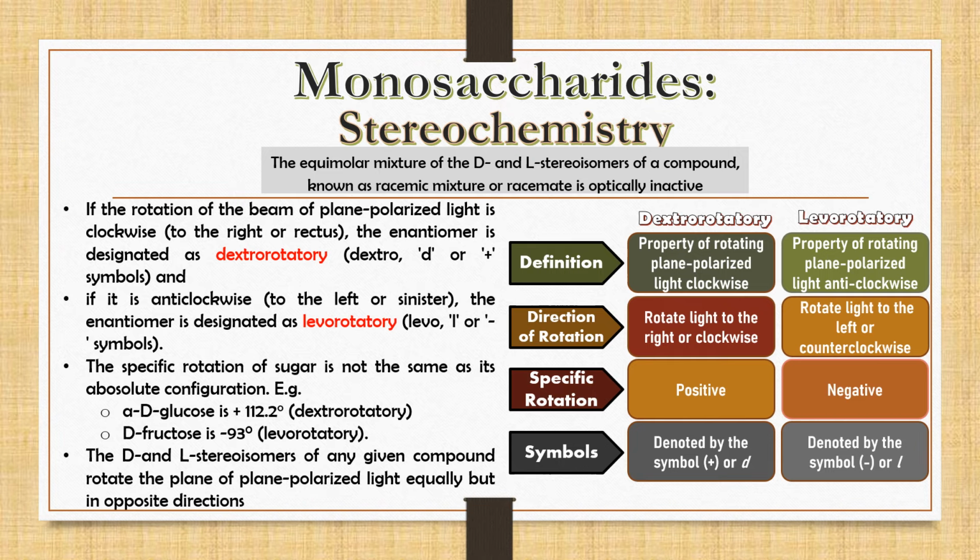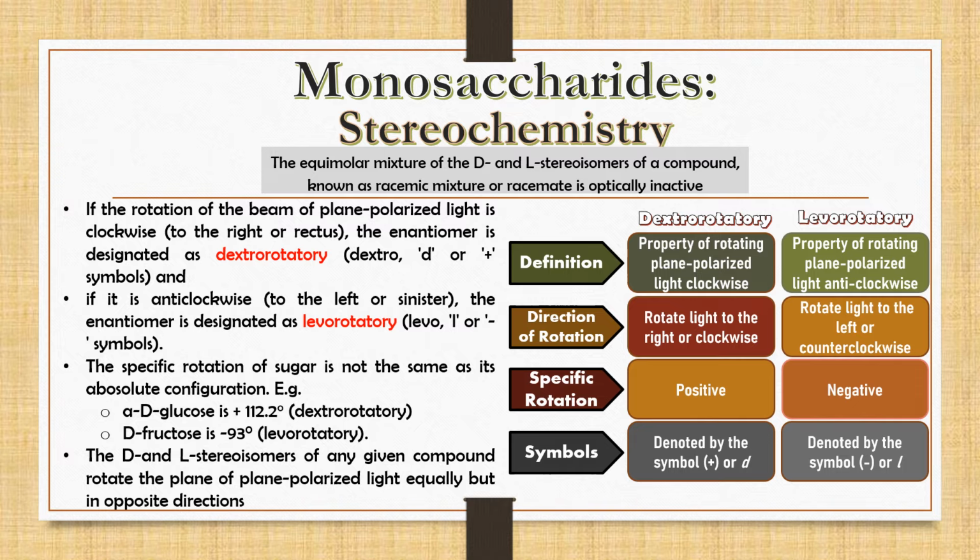So again, the capital letters D and L do not indicate the rotation of plane polarized light. What indicates rotation of plane polarized light are the symbols small letter d or l, or positive and negative symbols.